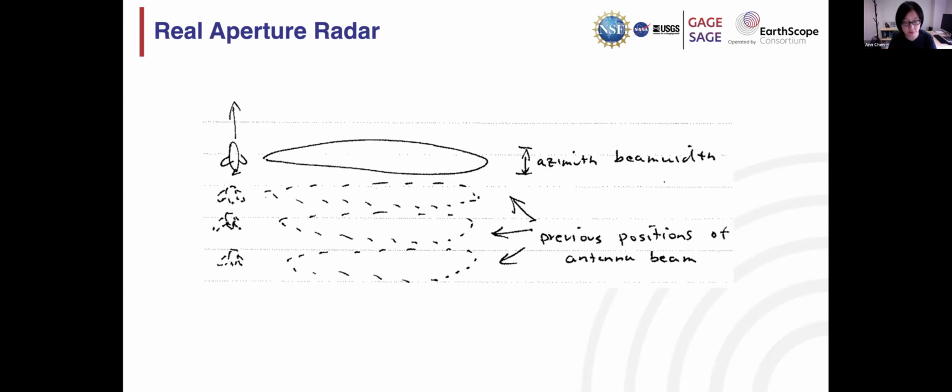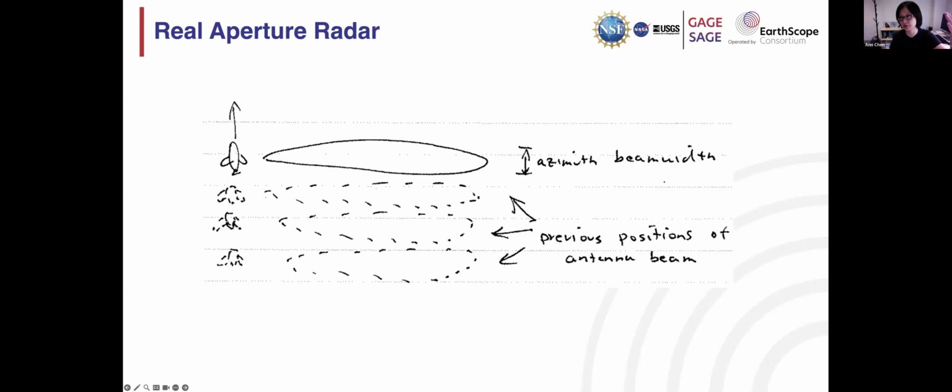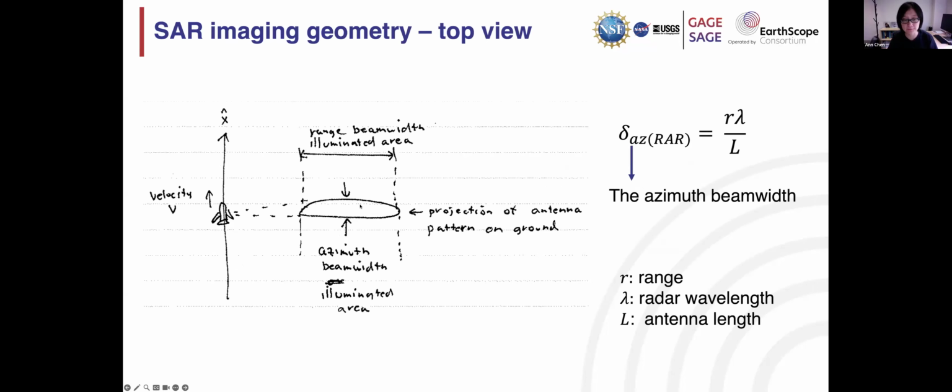In this real aperture radar, it becomes clear your resolution in the azimuth direction depends on how wide the radar footprint is in the azimuth direction, because you're taking sequential samples over non-overlapping footprints, so the resolution would be this length.